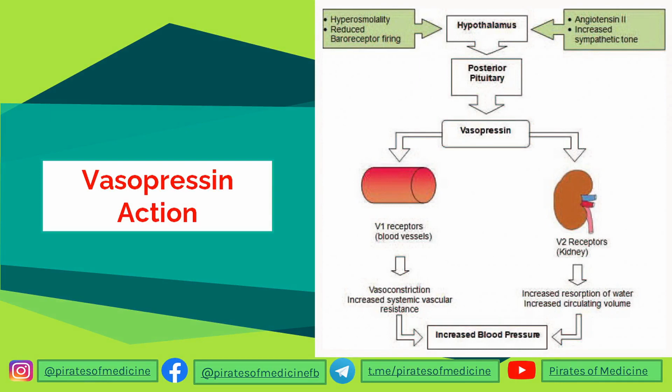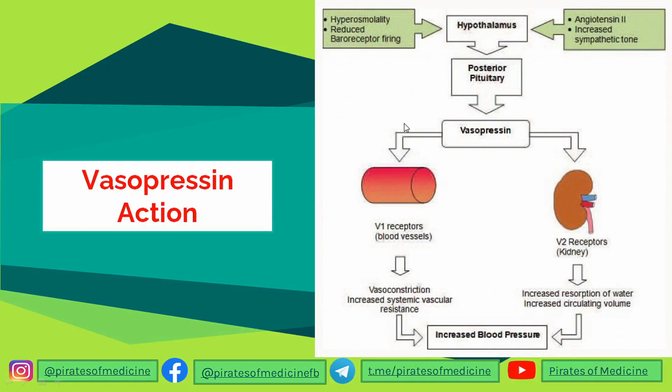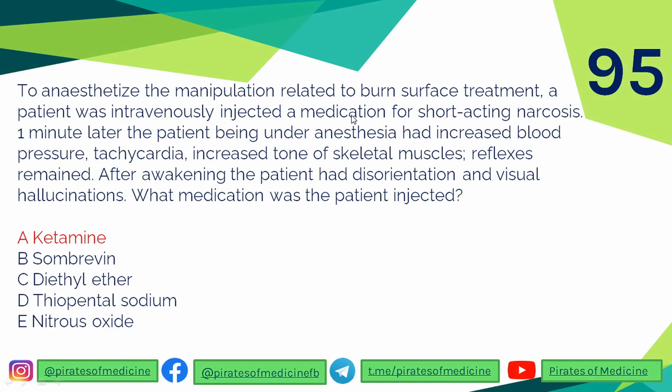Now if the vasopressin synthesis is decreased, what would happen? The amount of reabsorption will decrease and the kidney will excrete more water. So this is what happens: reduced tubular reabsorption of water, because vasopressin is in a low amount in the blood. And that is the mechanism by which polyuria develops.